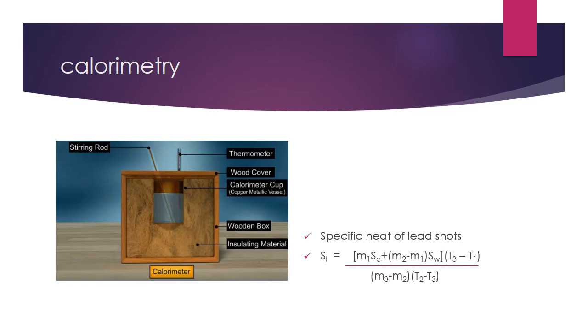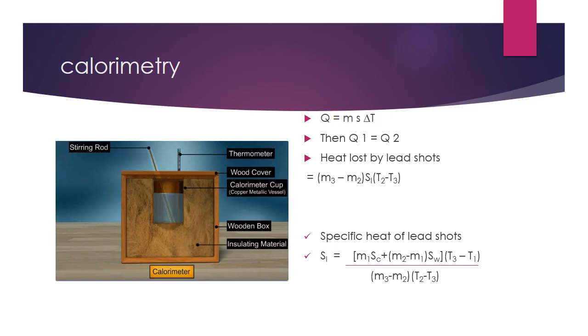But already you know that the heat transferred, indicated with the letter Q, is equal to m s delta T. That means heat lost must be equal to heat gained, which is Q1 is equal to Q2. But what is going to lose the heat? Lead shots are going to lose the heat. Then calculate the Q value of the lead shots and calculate the Q values of the water and calorimeter.